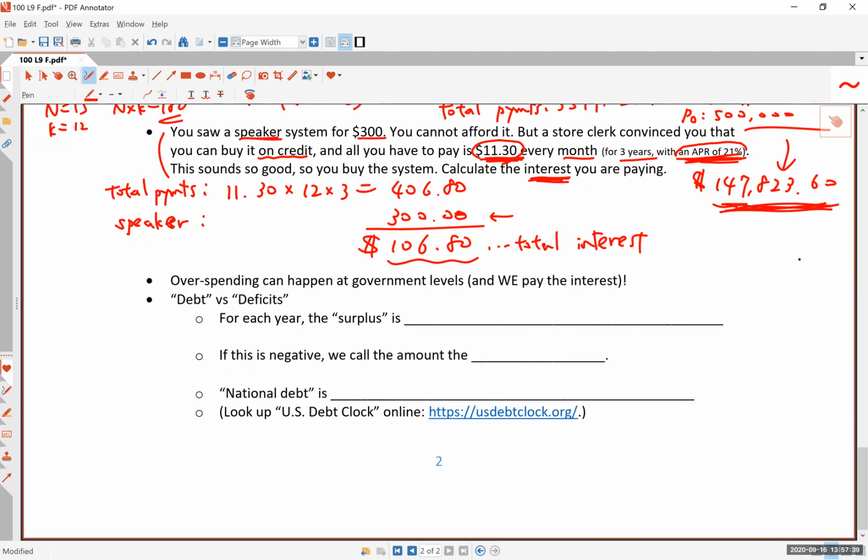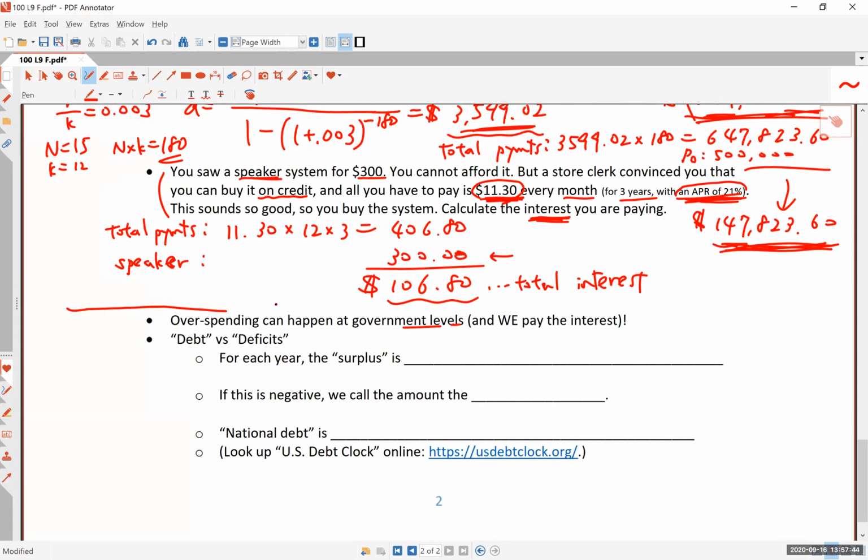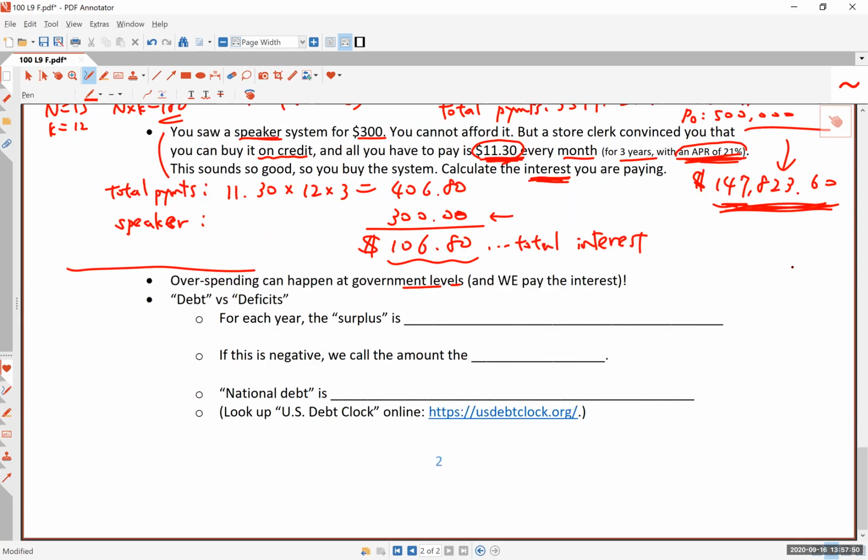All right, overspending can happen at the government level as well. So far we have been talking about personal finance, right? But if this happens at big scale, like for a country, or even for the state or county, guess what? We, the taxpayers, end up paying the interest. This is section 3.4.